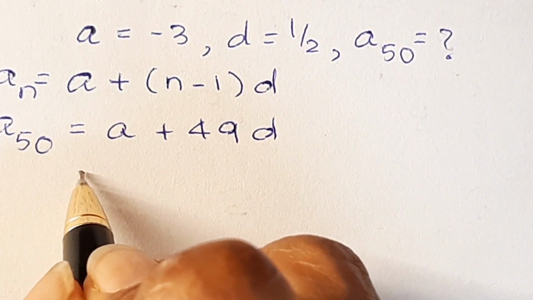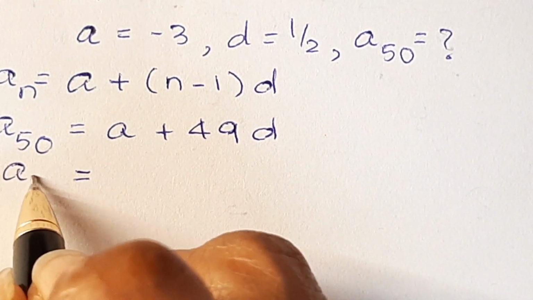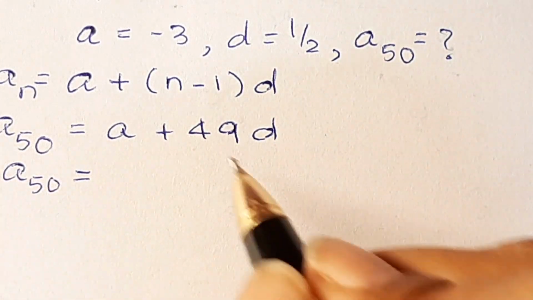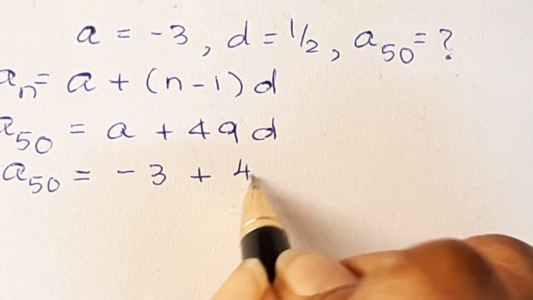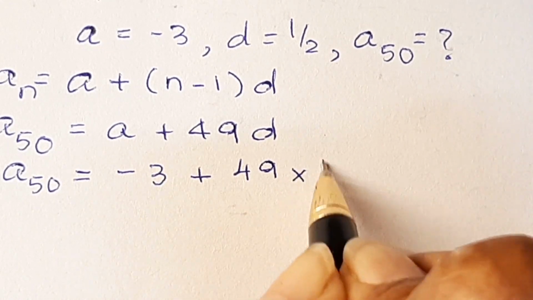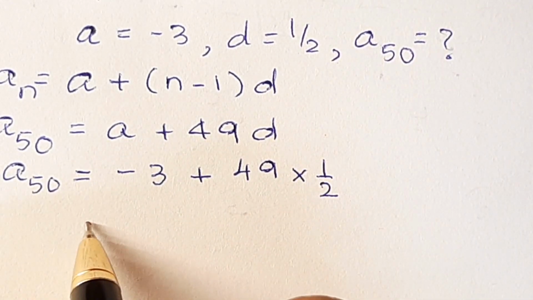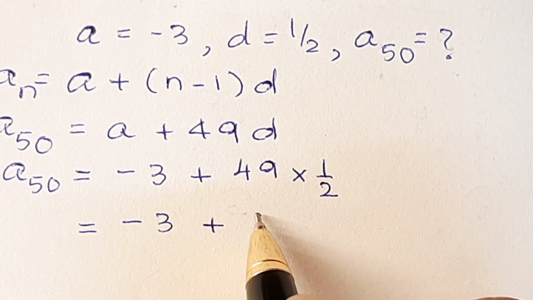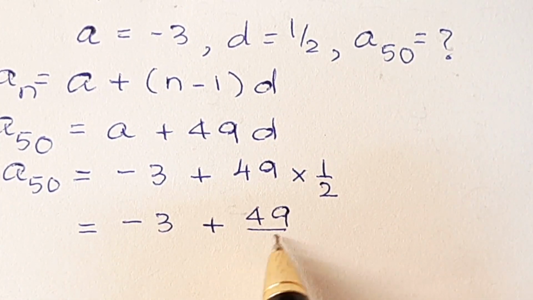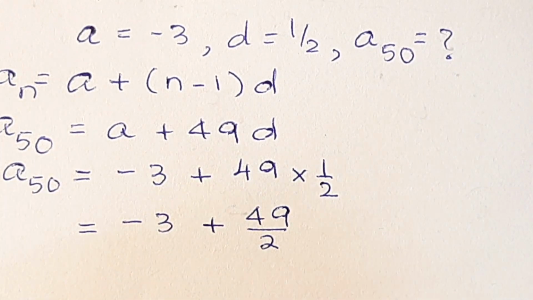And so a50 will be equal to a is minus 3 plus 49 multiplied by half, which will give us minus 3 plus 49 upon 2.